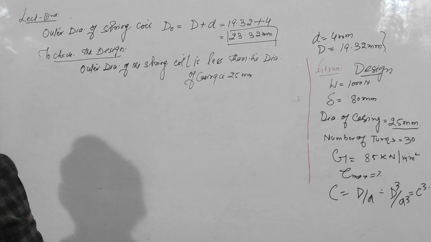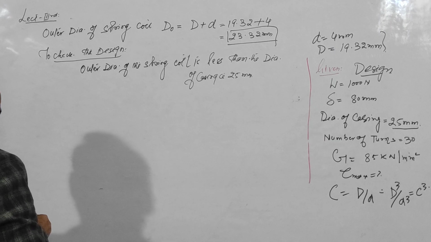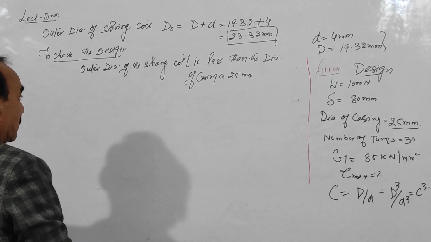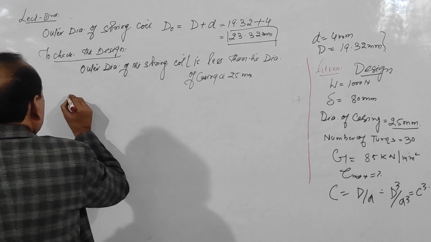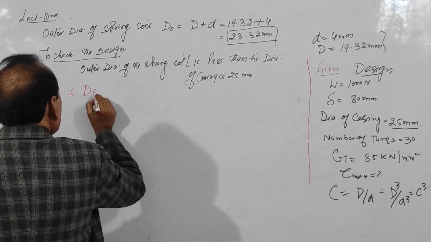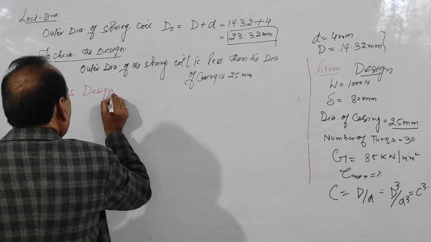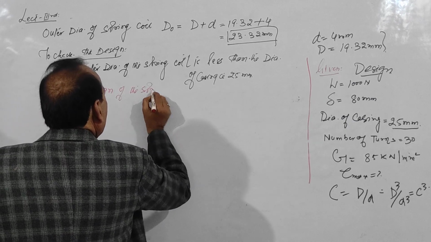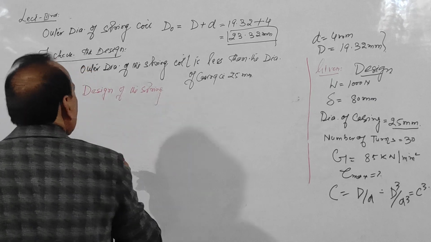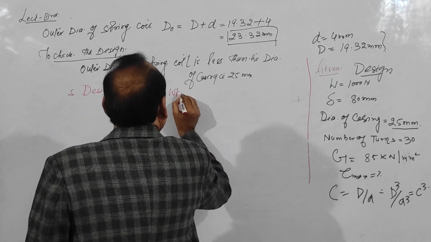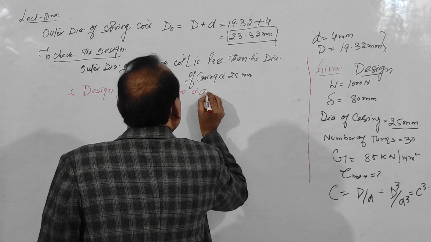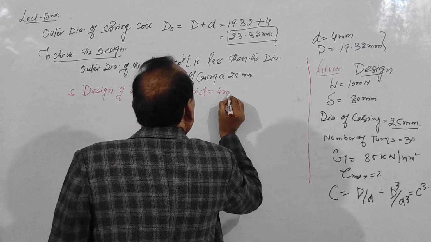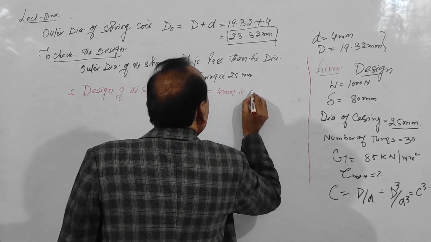So therefore design of a spring wire, that is d is equal to 4 mm is safe.